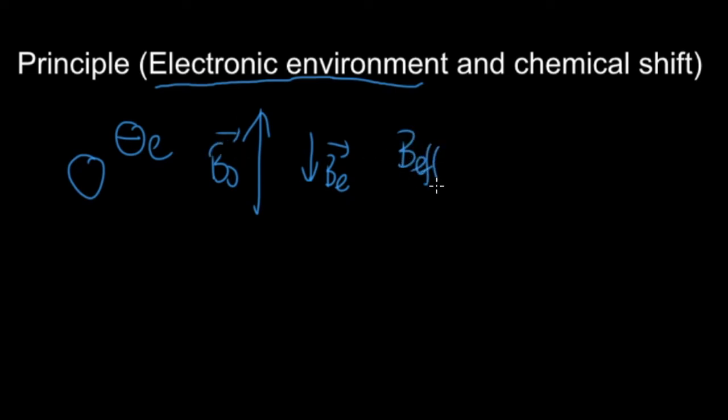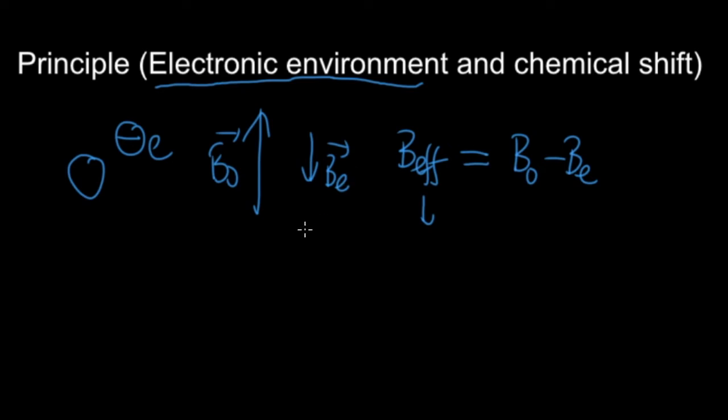So the effective magnetic field will be B0 minus Be. The electrons reduce the effective magnetic field, so it also lowers the energy difference between the two states, alpha and beta.